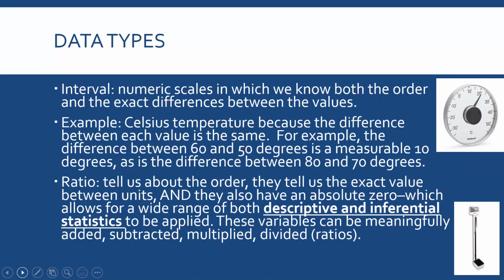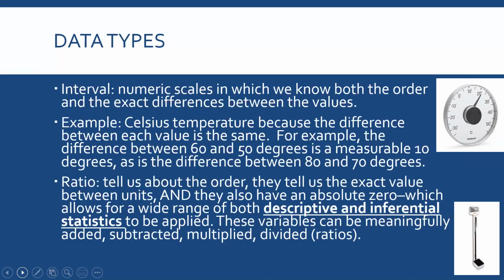So as long as we know the difference between the values, this is what we call interval data. Interval data is numerical scales in which we know both the order and the exact difference. We gave Celsius temperature as an example for interval.